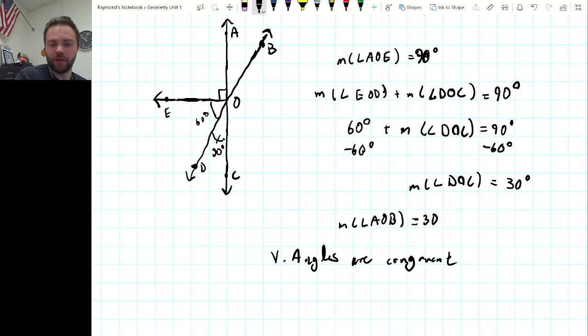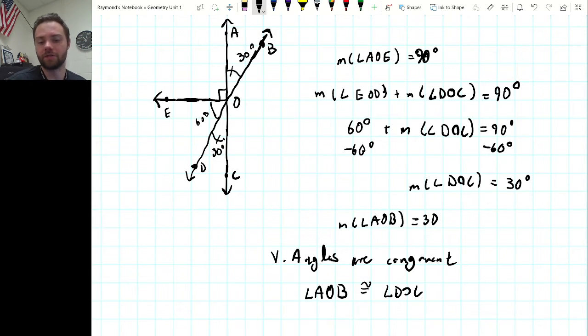And so we have angle AOB is congruent to angle DOC. So I know that this measure is 30, and I know that this measure is going to be the same. And remember, that doesn't mean that the angles are the same. It's just saying their measures are the same.